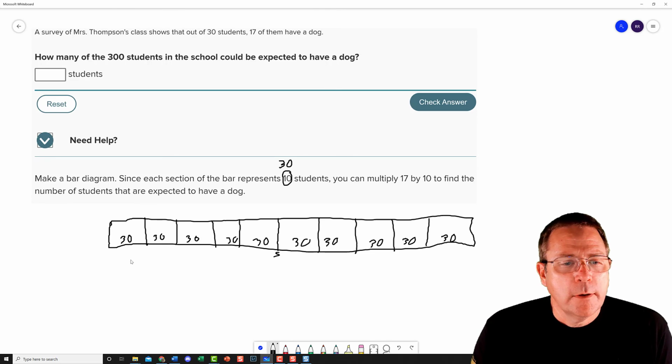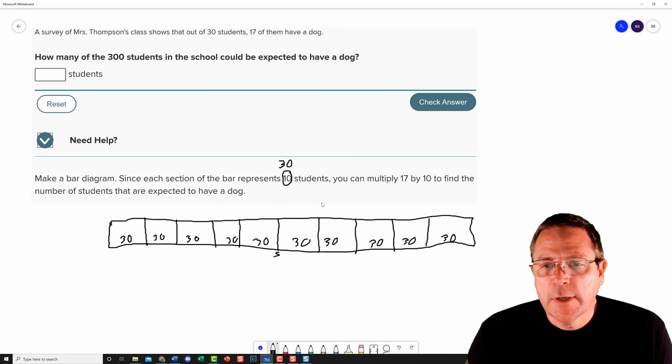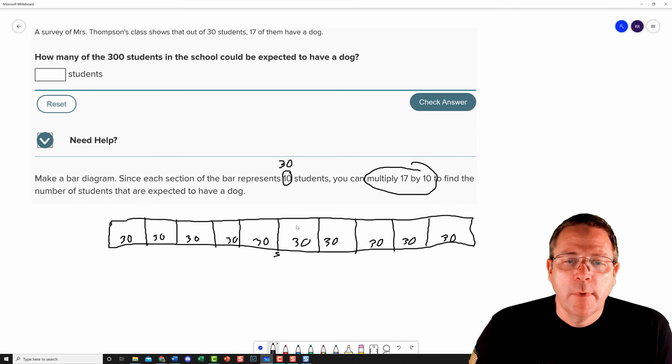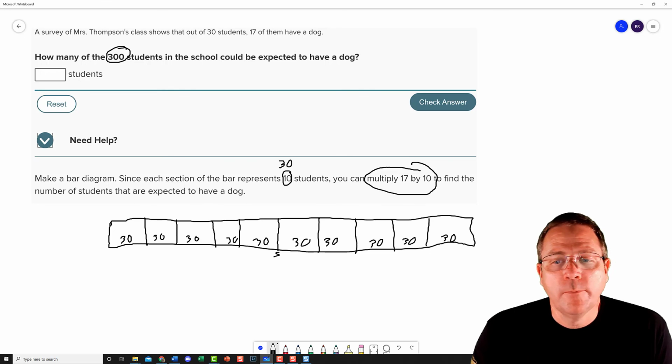Therefore, you could say, well, what is 17 out of 30 when you compare it to 300? All you have to do now is do what they suggested and multiply. Since I had to multiply 30 by 10 to get to the 300 that we had here, I'm going to multiply 17 by 10 as well.